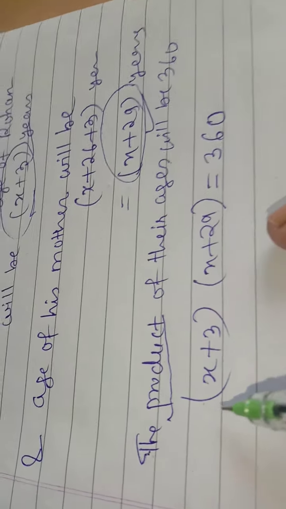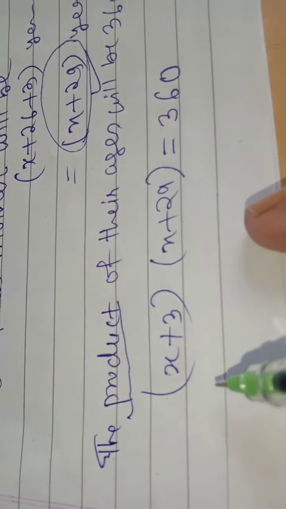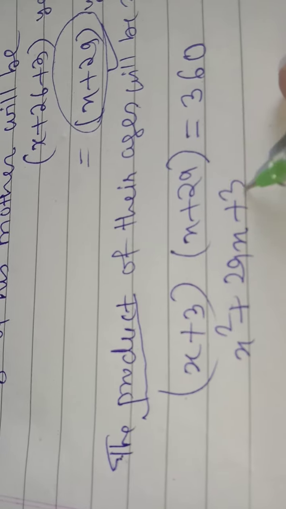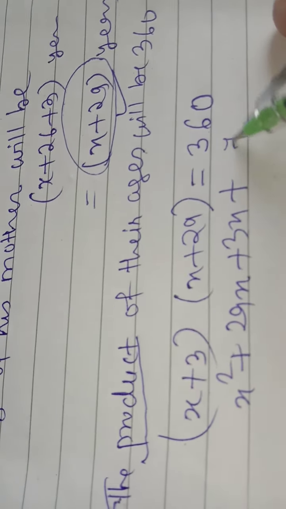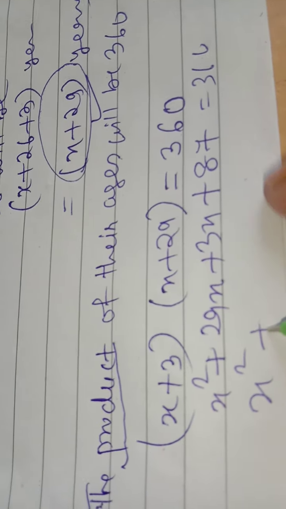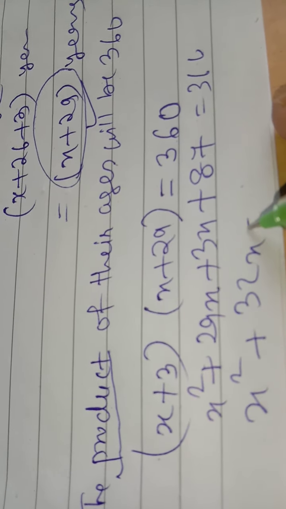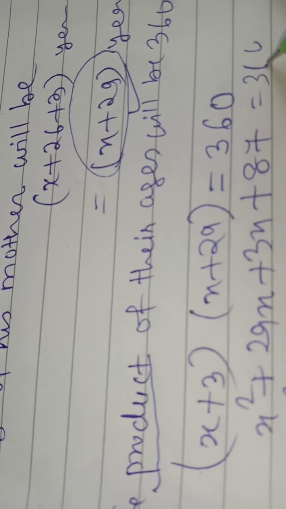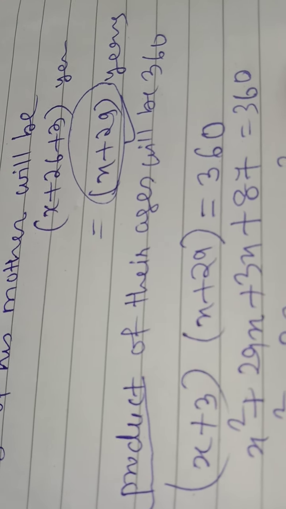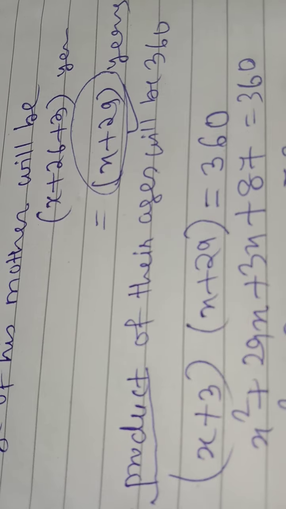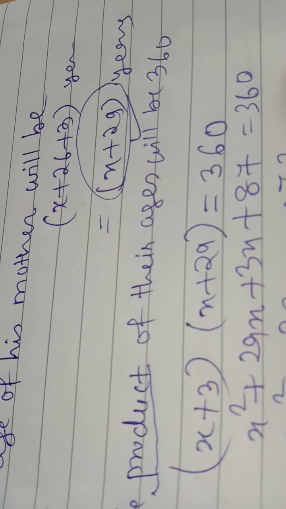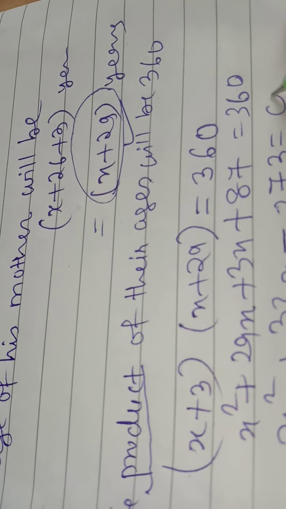You know how to multiply the variables, so it will be x square plus 29x plus 3x plus 87 is equal to 360. So it will be x square plus 32x minus 273 is equal to 0.